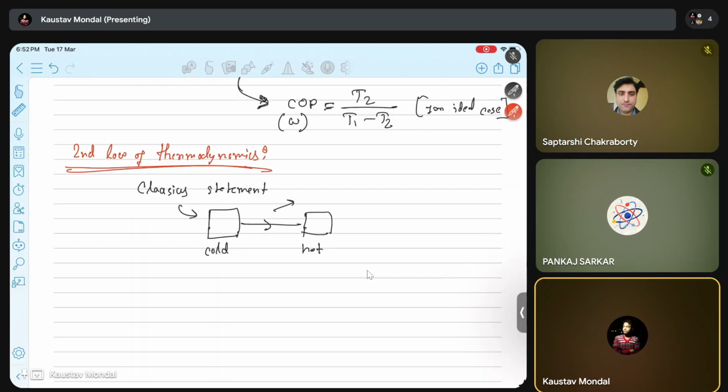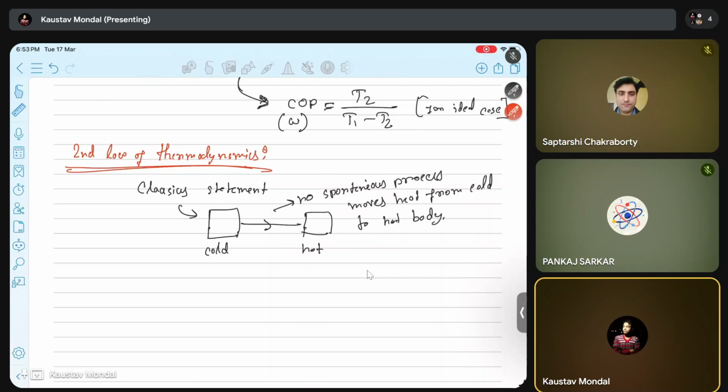No spontaneous process moves heat from cold to hot body.